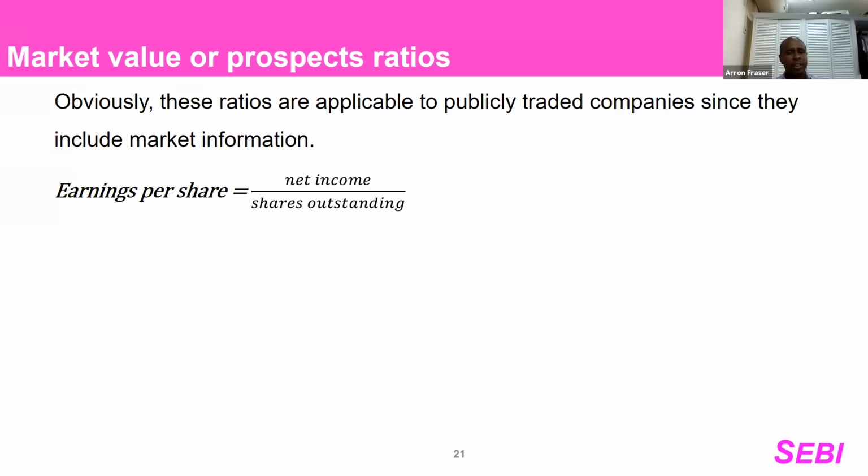The shares they actually issue are the outstanding shares, the shares in circulation at the end of that particular period. Some companies with excess cash could also do things such as share purchases, so the amount of shares in circulation at a particular period is what we call outstanding shares.